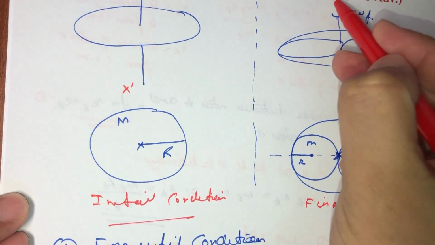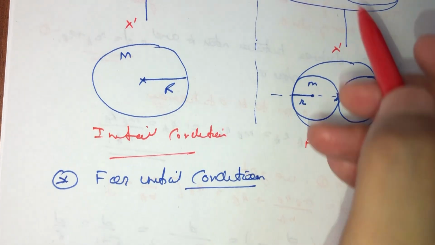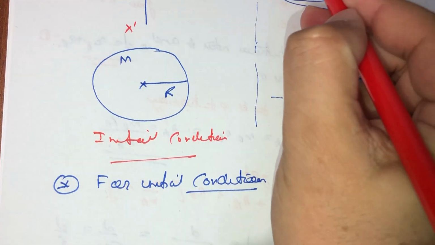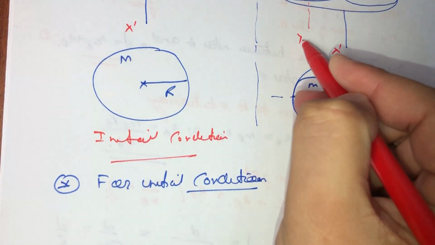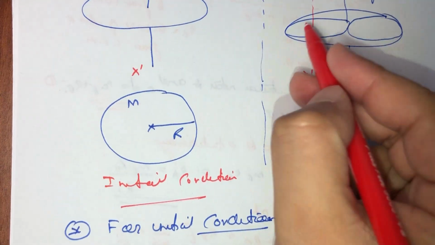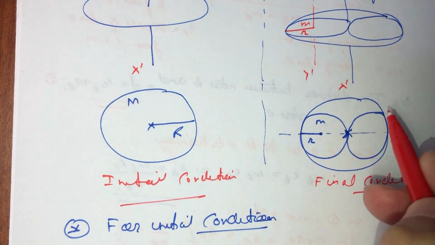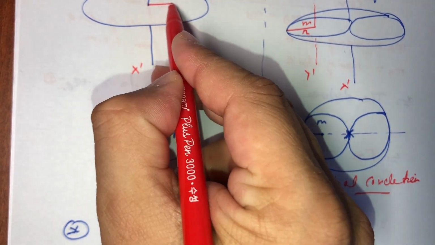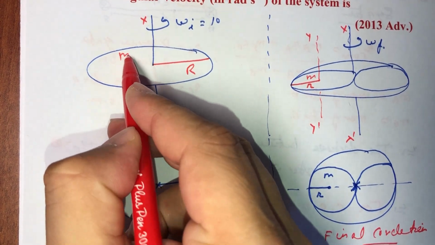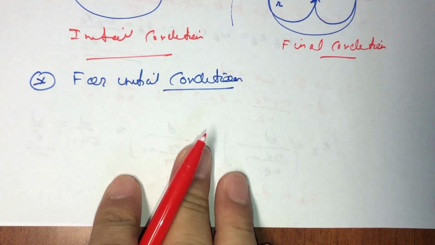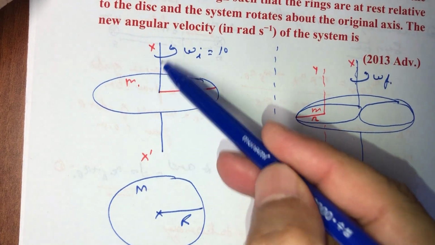Okay, so this axis will be still xx prime, and the axis of this ring, let us call this yy prime. And this will be the radius of the ring having a mass small m, and this will be the radius of this disc having a mass capital M. So in the initial condition, the circular disc is rotating about the axis xx prime.